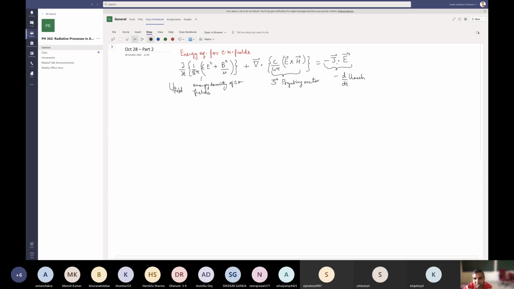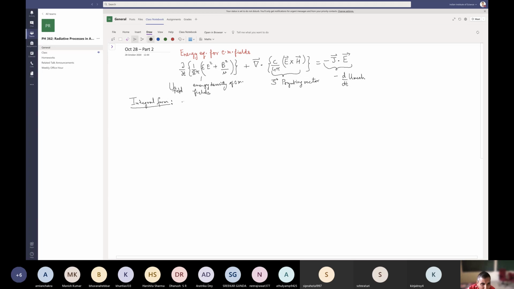So J·E is the work done per unit time per unit volume on a collection of charges by the fields, and that is stored in the mechanical energy of the particles in terms of motion of these particles in that volume. So right, this is a differential form, right? Whenever you have ∂/∂t and del dot and so on, these are differential equations, differential forms, but we can actually look at the integral form of the equation, which is very powerful.